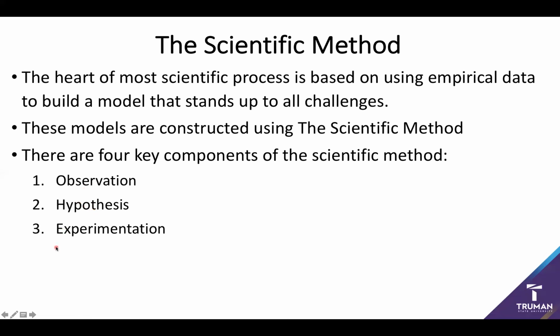Then we can design an experiment that tests this proposed hypothesis. And then if our experiment succeeds, we can try and go ahead and formulate a general theory or law. And we'll talk about the differences in between these in a bit.